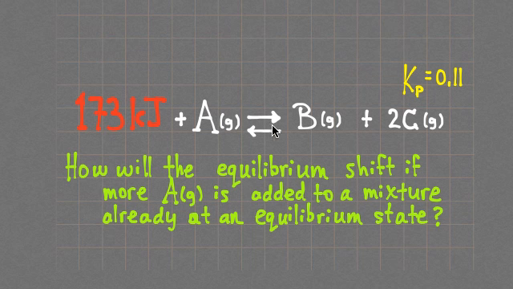Here's a general gas phase equilibrium. I have 173 kilojoules plus some compound A, and it reacts in equilibrium to give B compound and 2C particles, molecules, who knows. The constant for this, don't tell anybody, but I just made all this up, is 0.11.